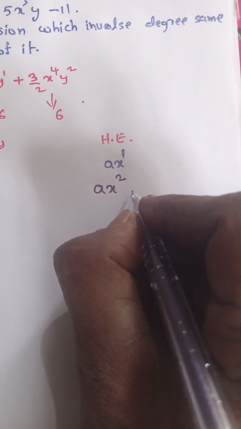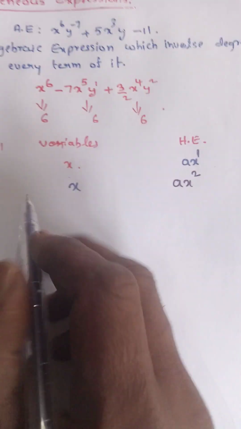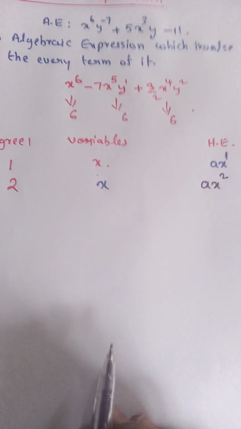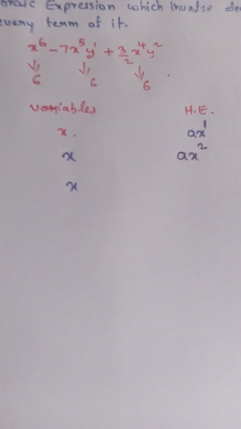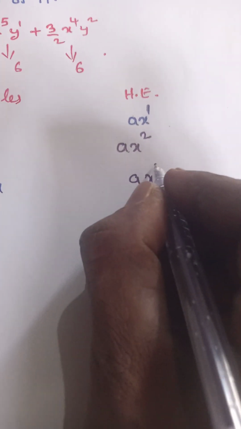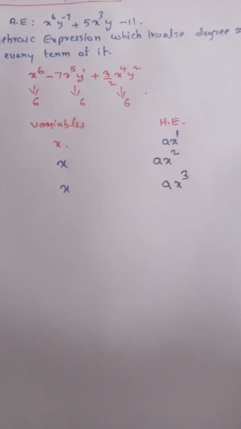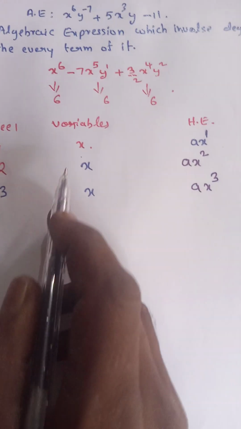There is no chance to write the remaining terms. This is the general form of a homogeneous expression in the single variable x. Like that, of degree 3 in x we can write ax cube.